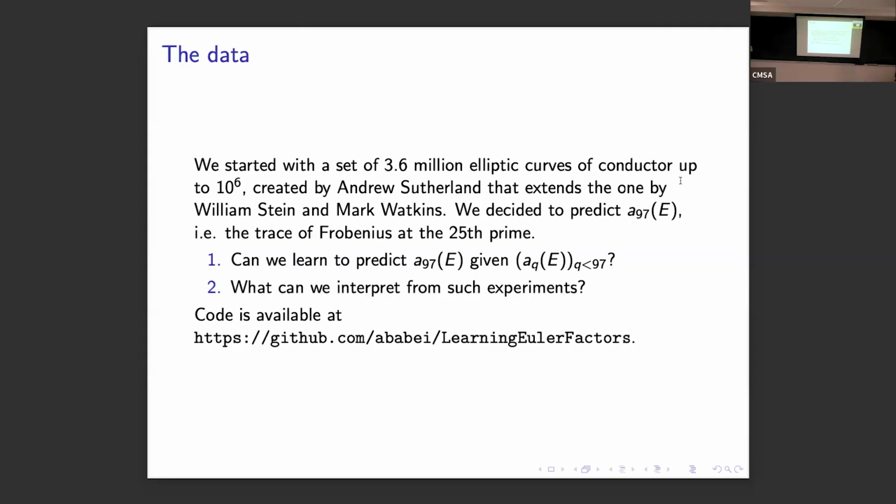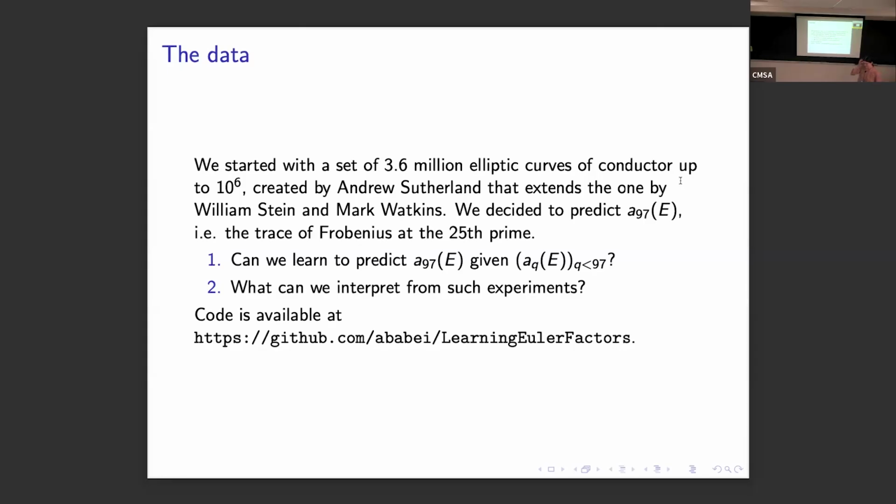Yeah, exactly. When I give this talk, sometimes I say, if you know that a number is divisible by 2 and divisible by 3, that tells you nothing about whether it's divisible by 5, unless you know that the number is between 1 and 10. So that's similar, if you're bounding the conductor.